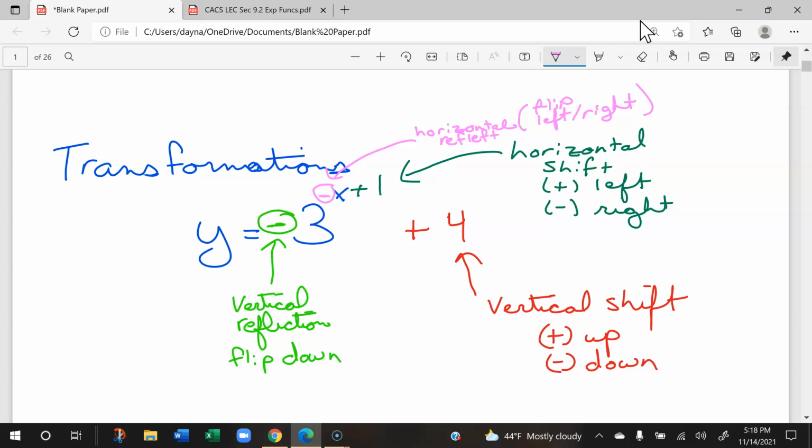It's the exact same type of transformations that we discussed before. These transformations are going to be important whenever we're talking about a horizontal asymptote and everything.